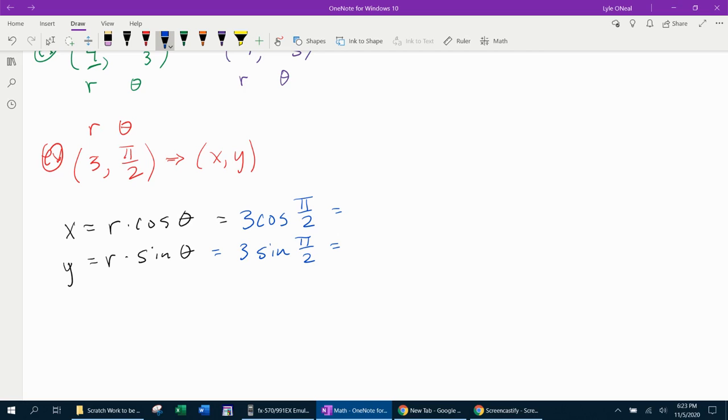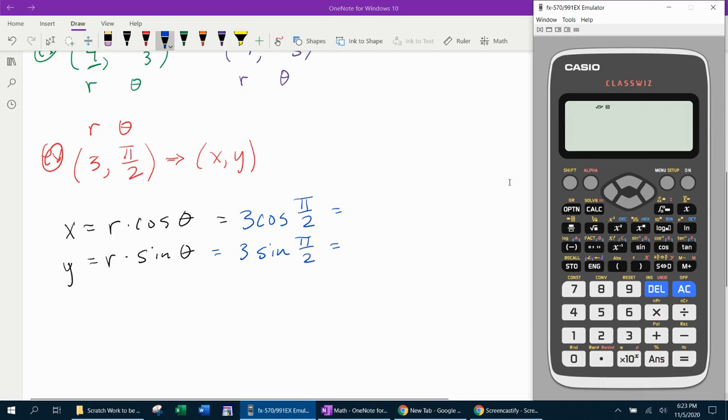And what better way to do that than with the calculator? Since our angles are radians, we are going to need to switch to radian mode. And then we can simply type in 3 cosine of pi over 2.